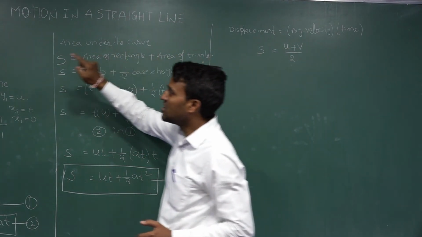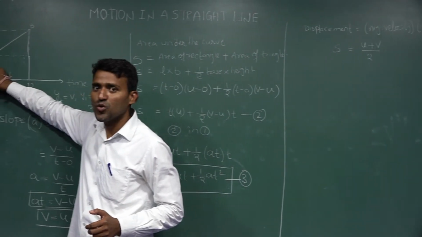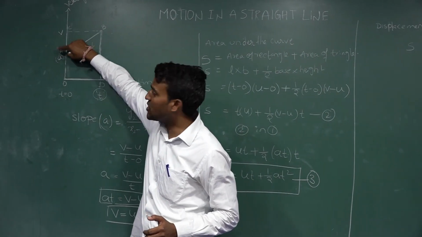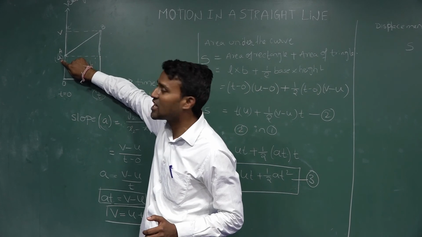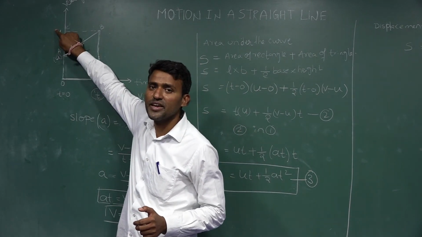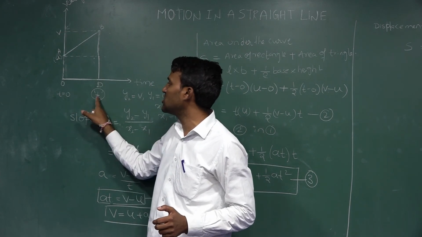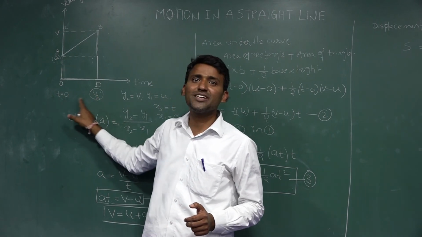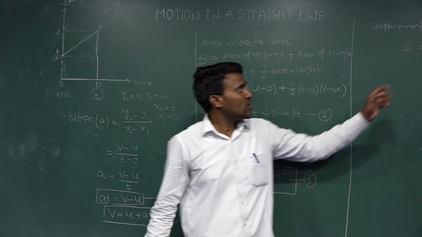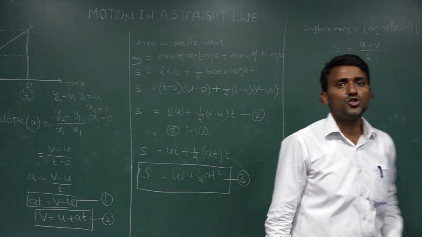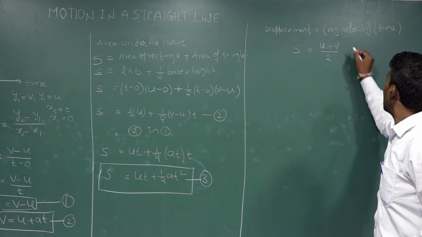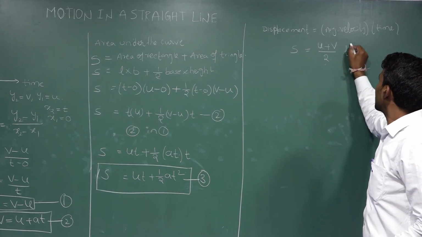In the graph, the initial velocity is u and the final velocity is v. This initial to final, how much time is taken? 0 to t time interval. So we have taken an equal time interval. From that, the average velocity is equal to u plus v divided by 2, and this is the time.